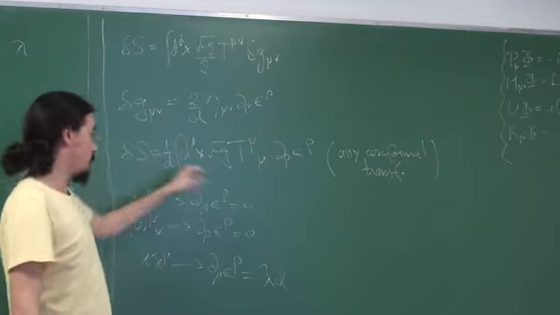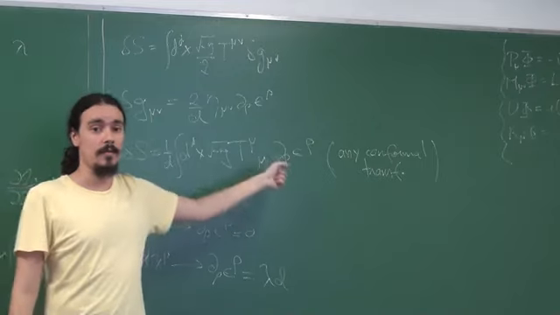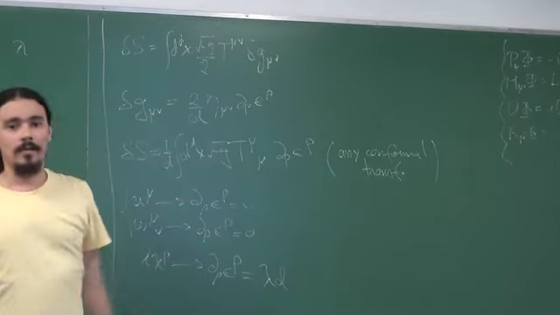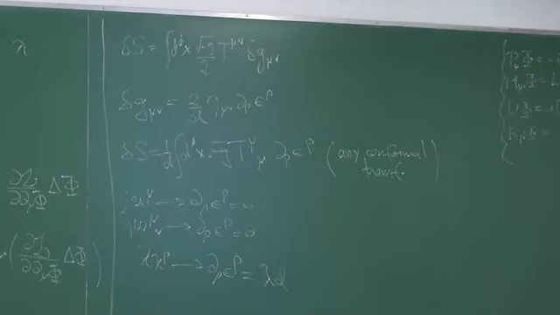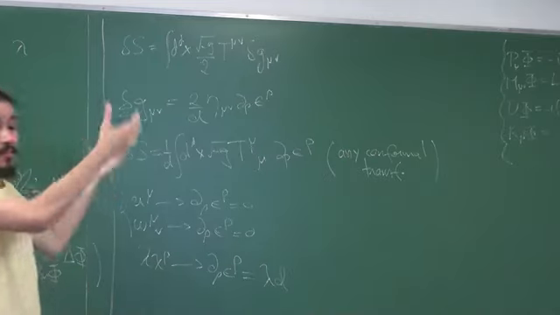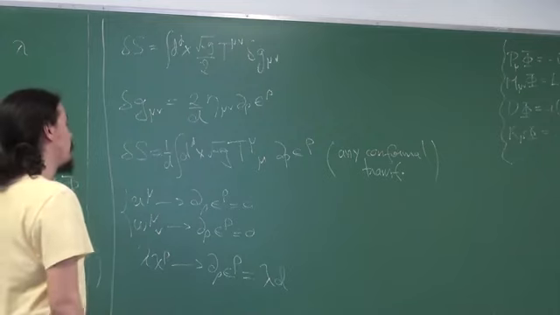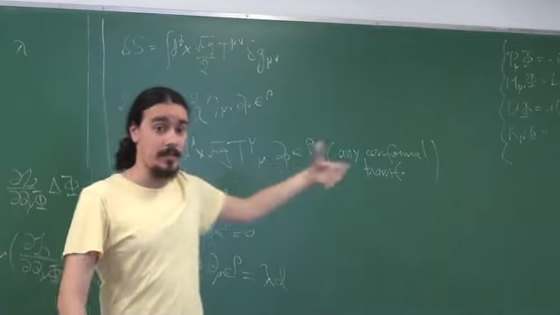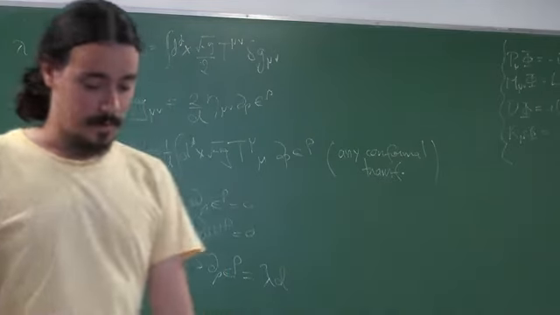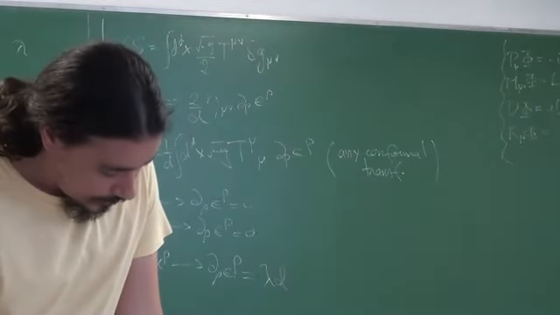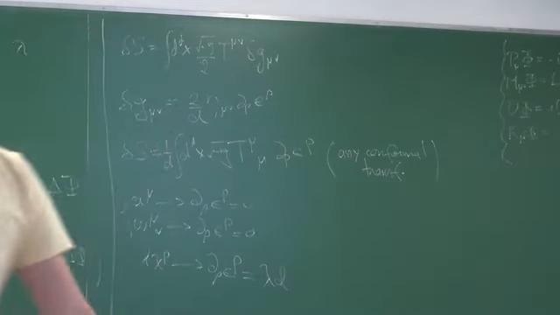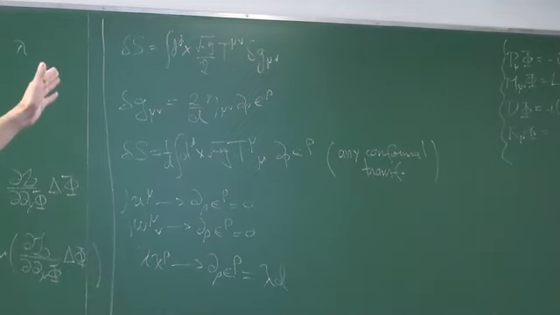So if this is to be a symmetry, the only possibility is that the energy momentum tensor is traceless. The integral itself would still be 0 if this were a total divergence, yes. But that is a point. Are there any questions about this? I hope this is clear.